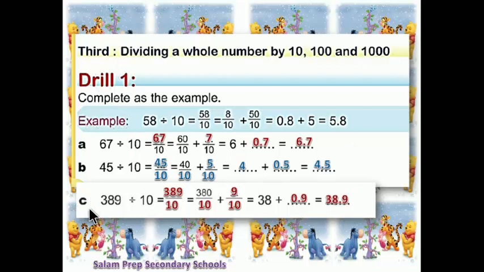We will solve this problem together. 389 divided by 10 equal, we can write this division equation in the form of a fraction. 389 over 10 equal.